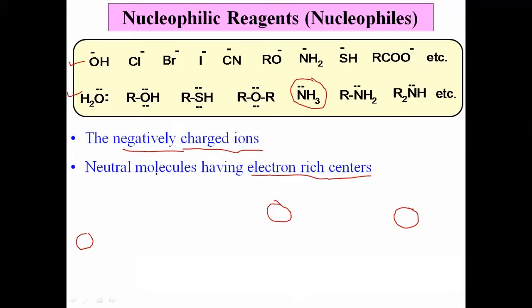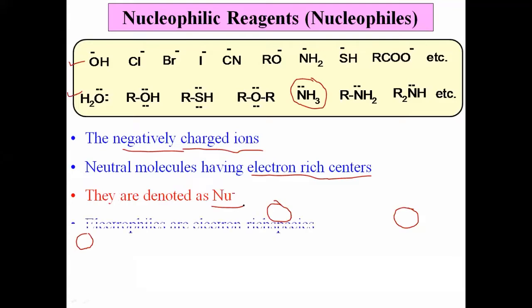Very simple definition. Now let us talk about the properties of the nucleophilic reagent. First, how are they denoted? They are denoted by Nu minus. Second, they are electron rich species. We know that they have a negative charge, and a negative charge means there is an electron pair, and also there is a lone pair of electrons, so they are electron rich species.